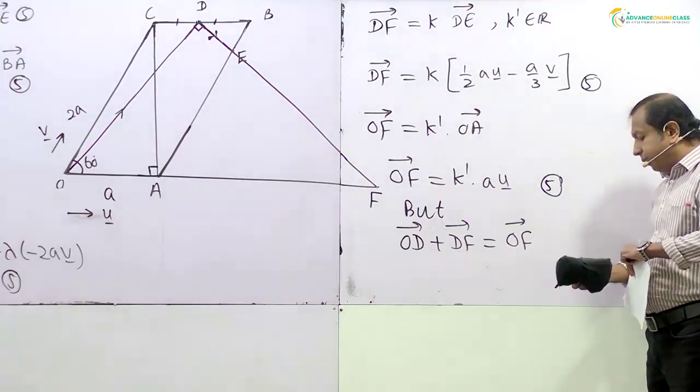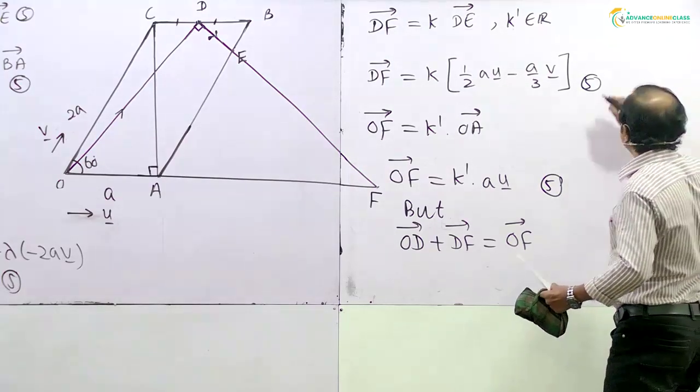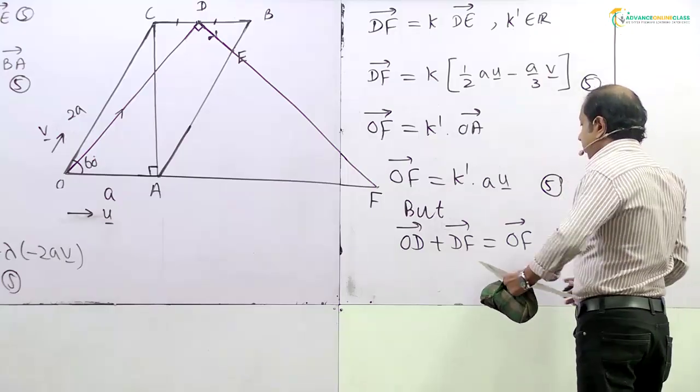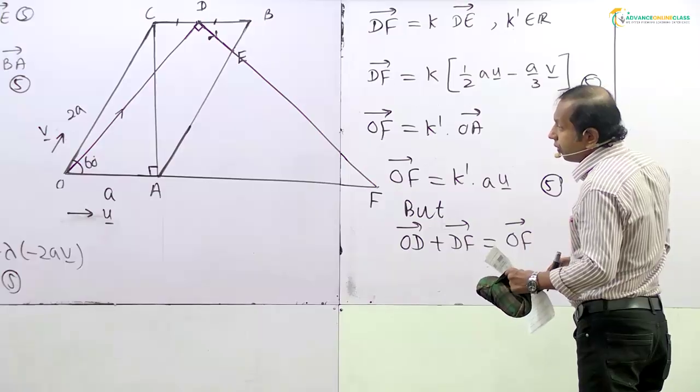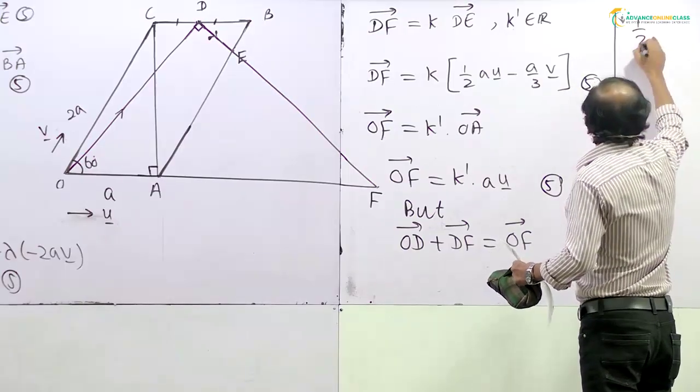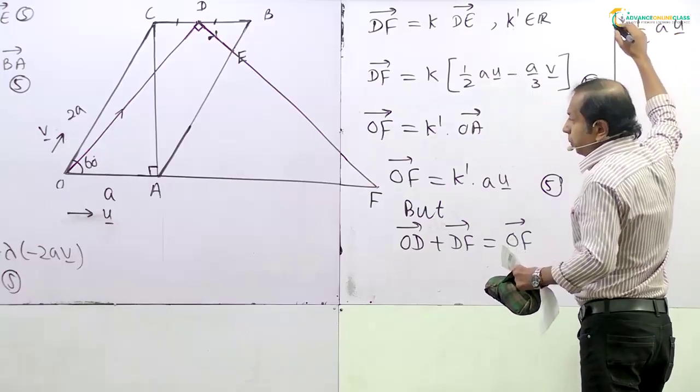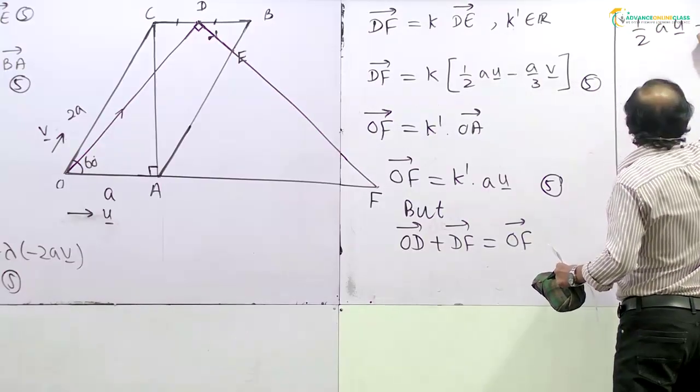Right, OD. Substitute for this OD. OD vector we know, the OD vector we found earlier: half AU plus 2AB.